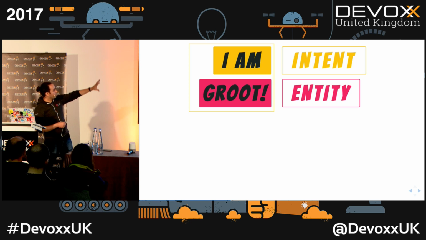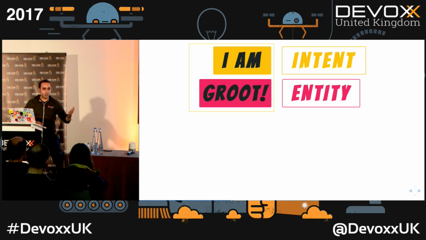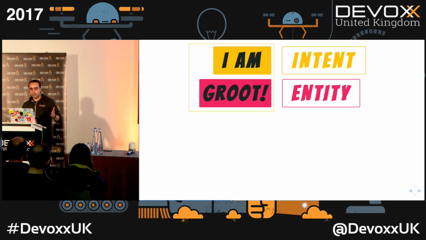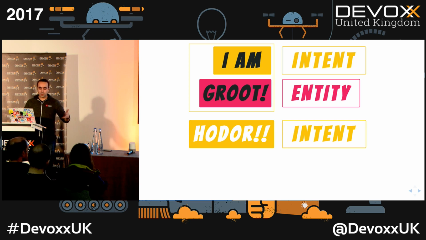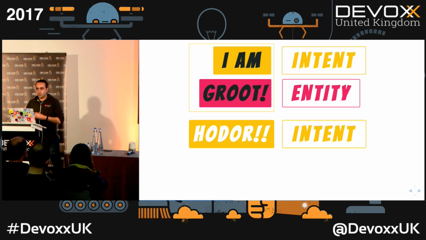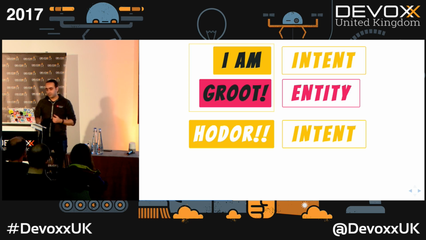Here we have chosen Groot as an entity, but an entity could be anything, like a color, a time, a date, names, anything you would like. You tag it as an entity, and of course Hodor responds back, which is also an intent. An intent is really what it means, your intent, what you are trying to communicate.